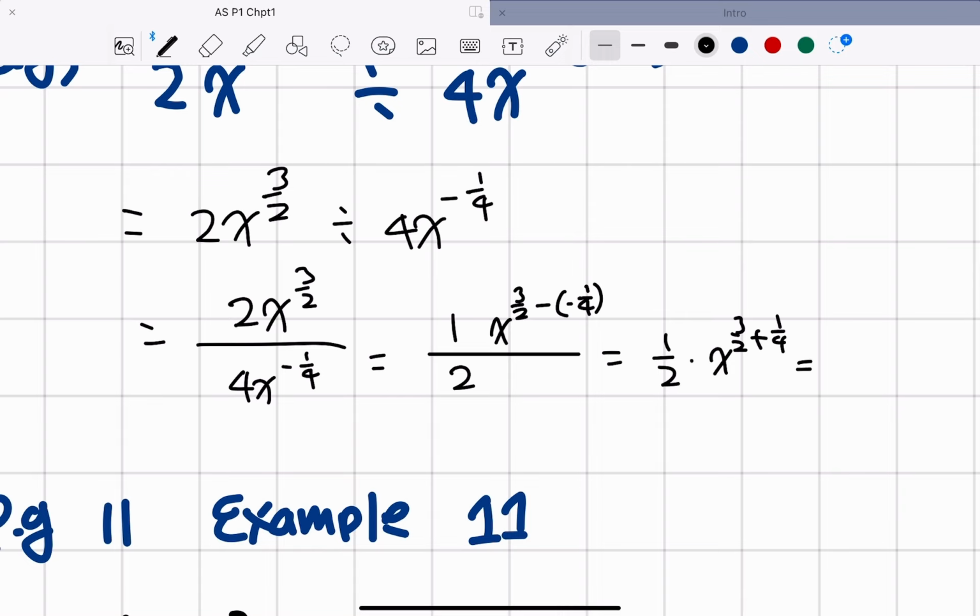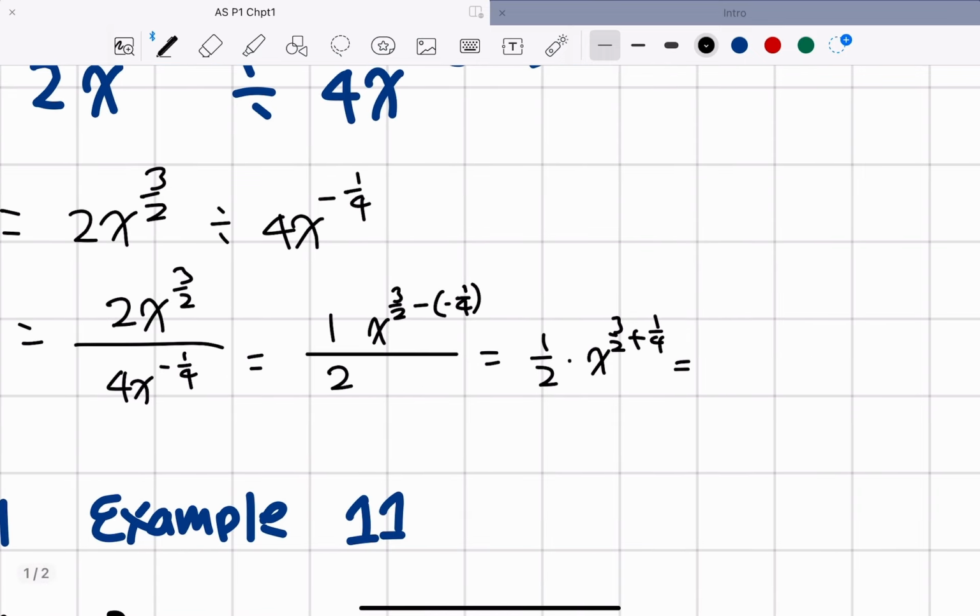And if you simplify this one, then you get 1 over 2 x to the power of 6 plus 1 over 4, which is 1 over 2 x to the power of 7 over 4. So yeah, this one should be the answer.